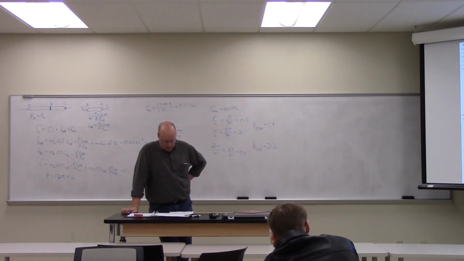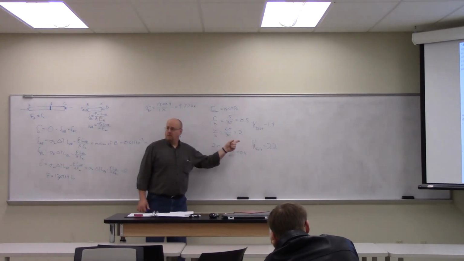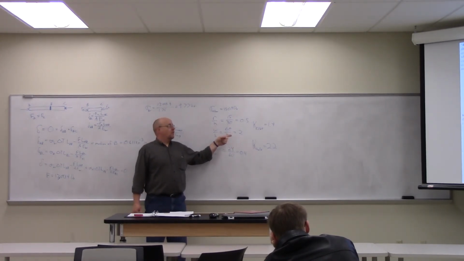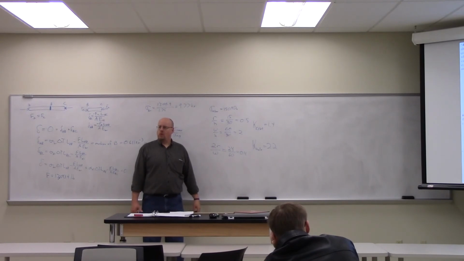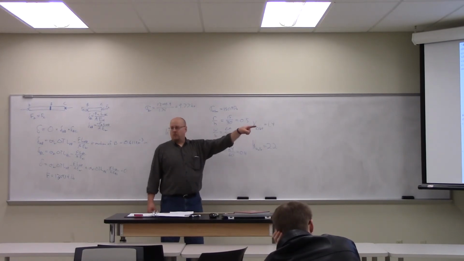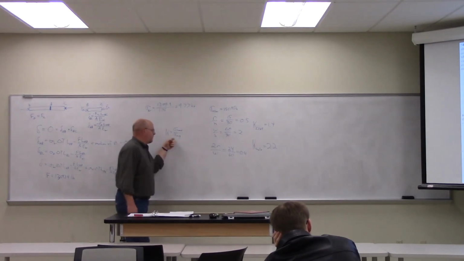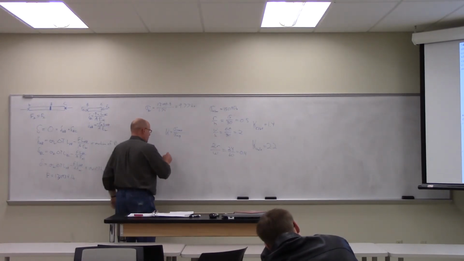So can we tell yet whether it's going to fail first in the hole or at the fillet? We don't know yet, because remember, the sigma average used for the fillet is the stress in the narrow section. So I've got my sample, looks like this.